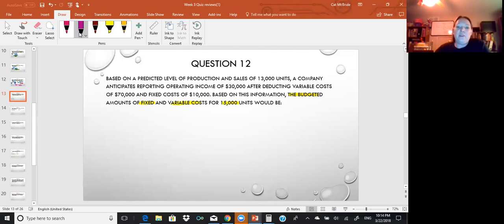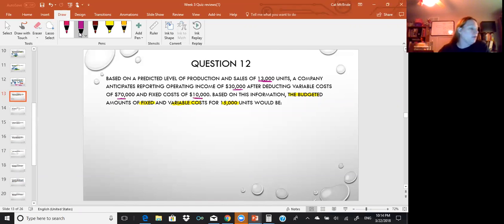Based on a predicted level of production and sales of 13,000 units, a company anticipates reporting operating income of 30,000 after deducting variable costs of 70 and fixed costs of 10. So based on this information, what are the budgeted amounts of fixed and variable costs for 15,000 units?